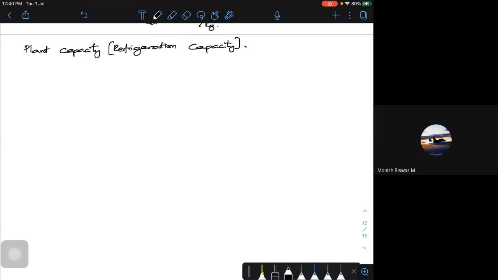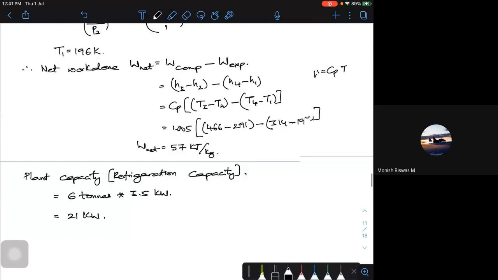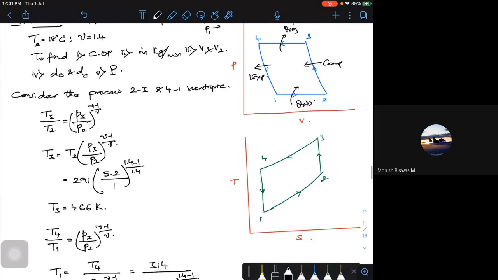That is equal to 6 tons of refrigeration multiplied by 1 ton is equal to 3.5 kilowatts. So it is roughly 21 kilowatts of refrigeration. Now, that is the capacity.